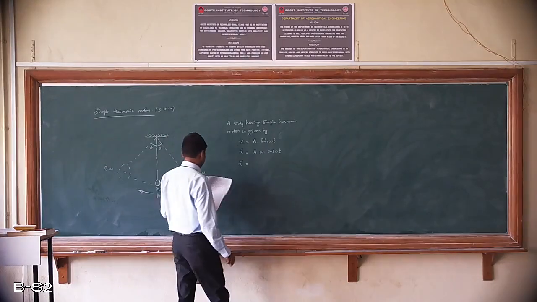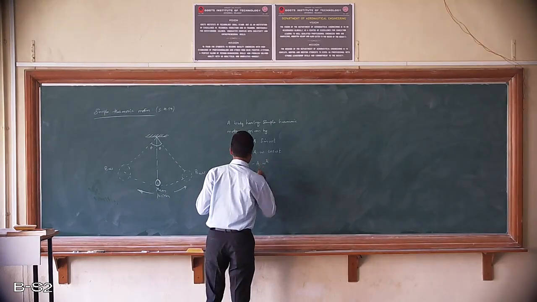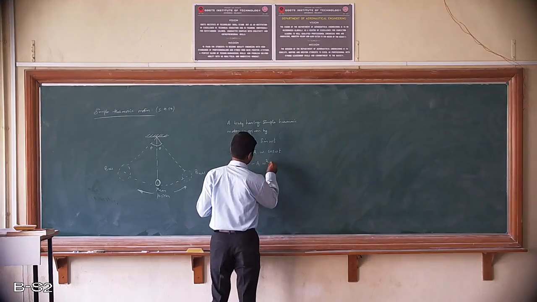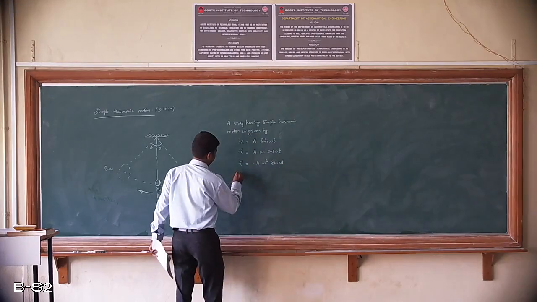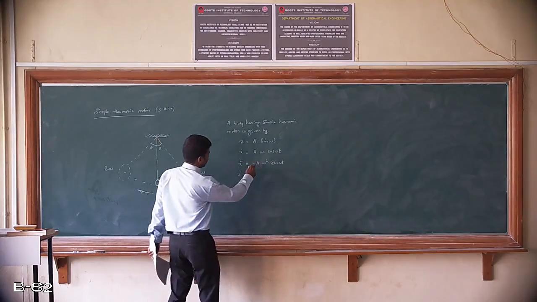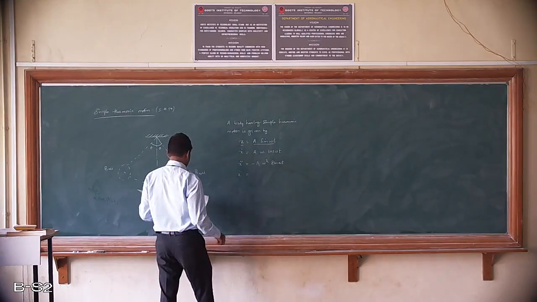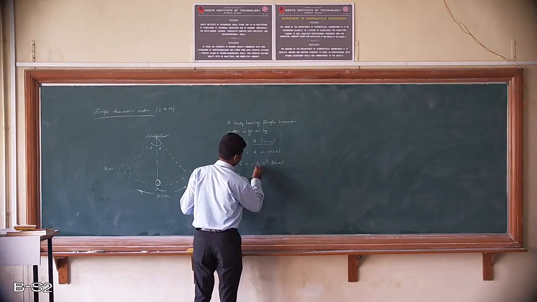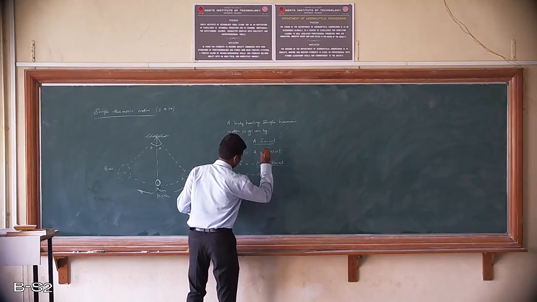Once again, if I differentiate this velocity, I am going to get minus A omega square sine omega t. Therefore x double dot is equal to minus omega square into x, since A sine omega t is nothing but x.